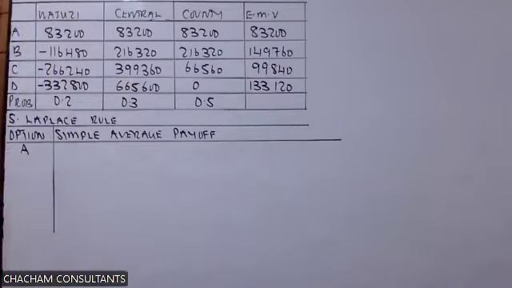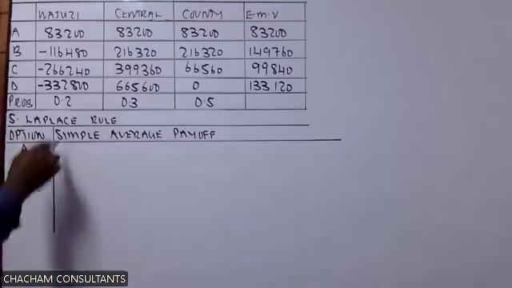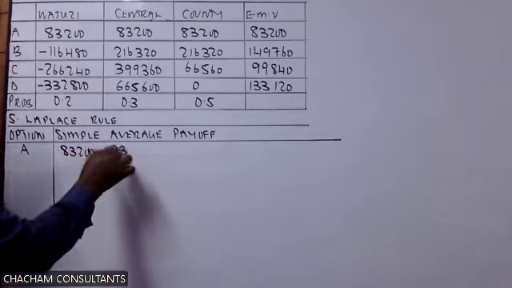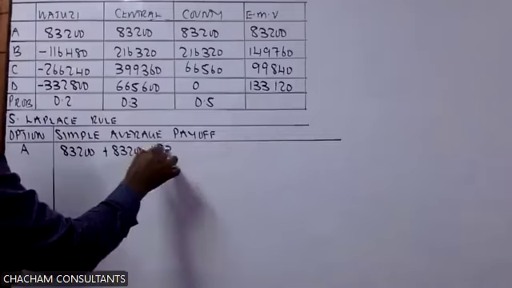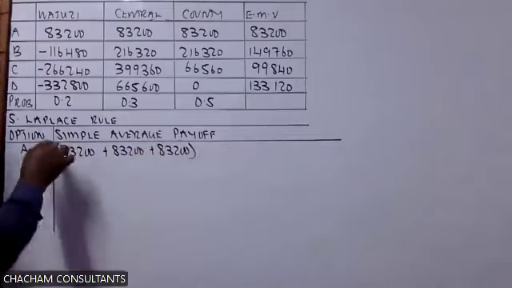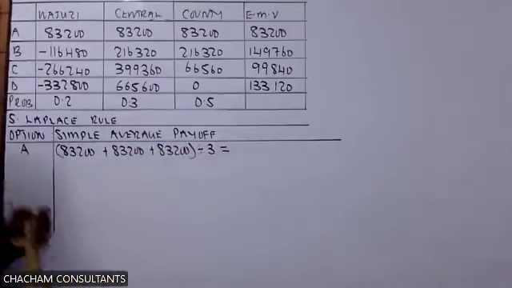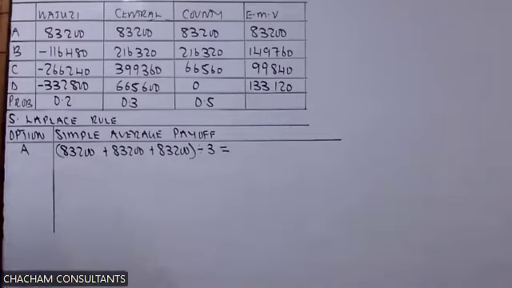So the average payoff, you get it by adding these payoffs: 83,200 plus 83,200 plus 83,200. Then all of them you divide by 3 because there are 3 of them. So do that and give me the answer. That one will be 83,200.